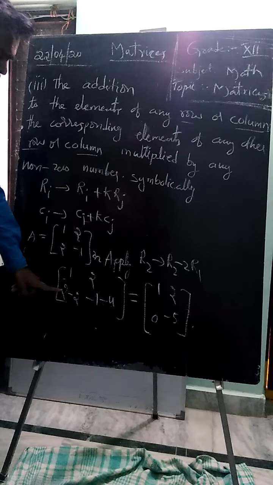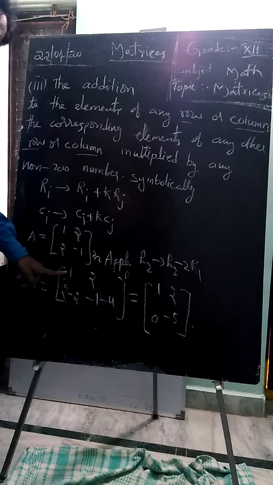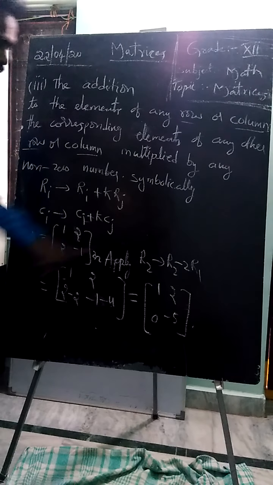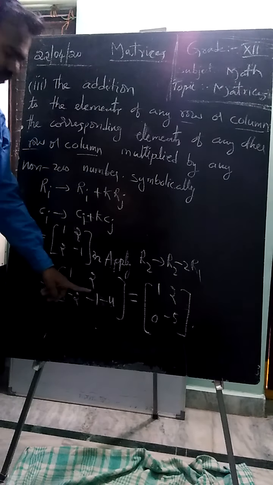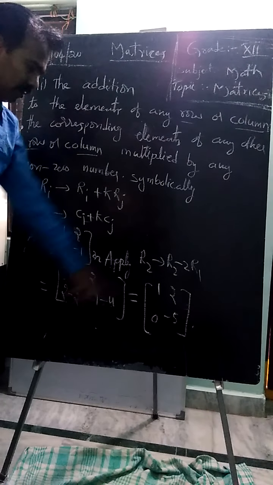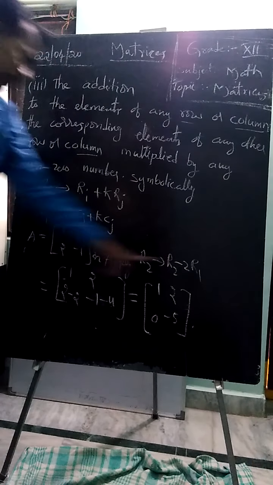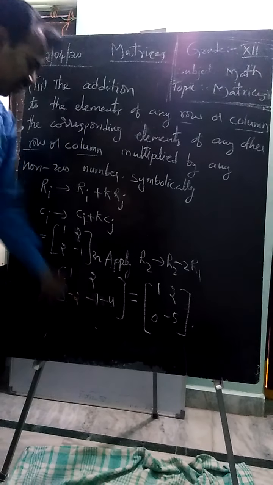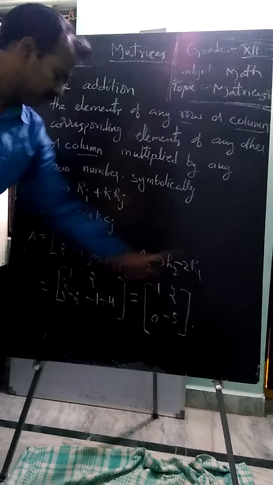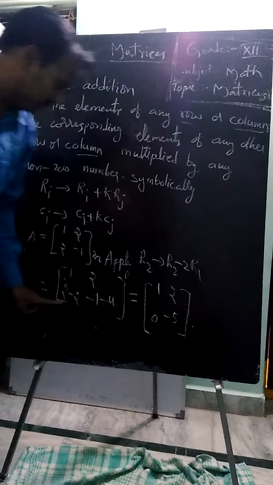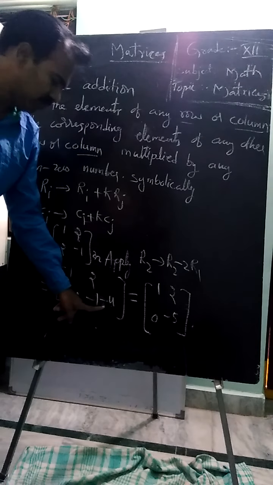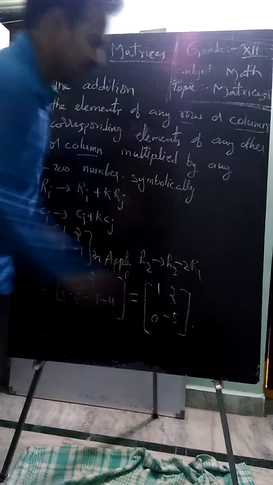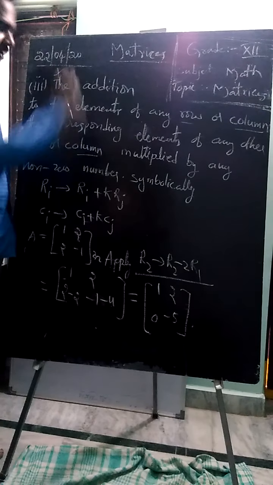So the first element is 2, minus 2 times the first element of the first row, which is 1; 2 ones are 2, 2 minus 2 is 0. Similarly, minus 1, minus into plus, minus 2 times 2 is 4, so minus 1 minus 4 is minus 5. The first row stays 1, 2, and the second row becomes 0, minus 5. This is how we applied this property.